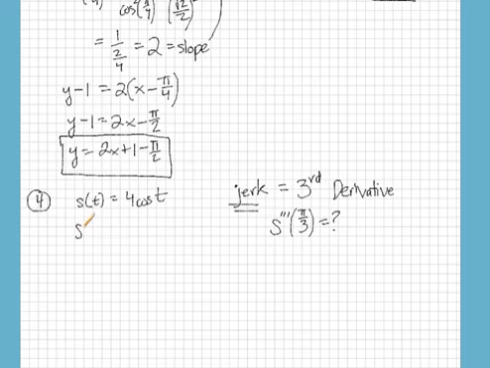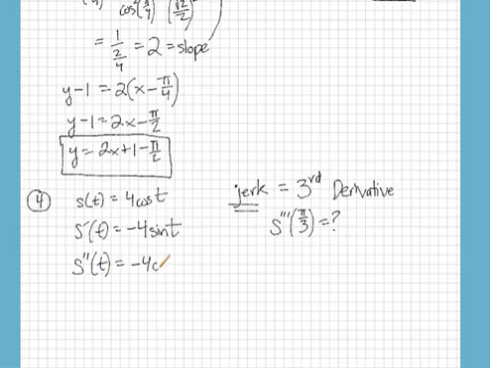So we just got to find all the derivatives. The first derivative is negative 4 sine t, because the derivative of cosine is negative sine. Second derivative is negative 4 cosine t. And then the jerk, or the third derivative, is 4 sine of t.